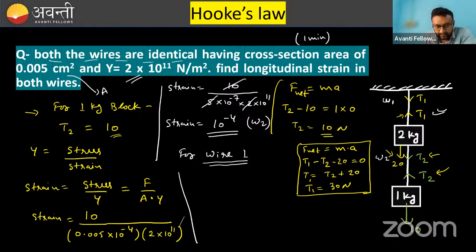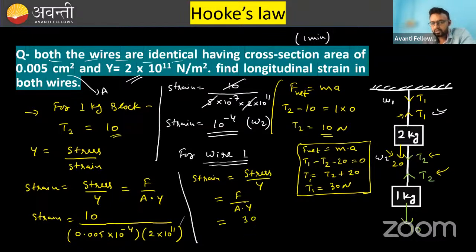So for wire 1, if I apply, strain is equal to stress over Y. What is the value of stress? Stress is what? Force per unit area. So force upon A into Y. What is the value of force?